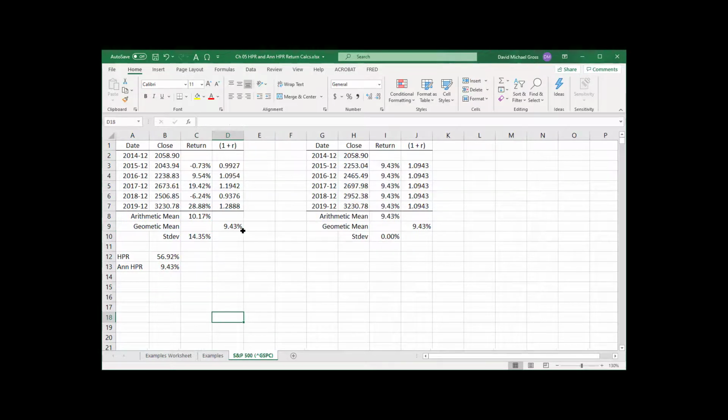And now just looking at some actual data, the S&P 500, I can see that over this year lost 0.73, the next year made 10, the next year made 20, the next year lost 6, the next year made 28.8. On average, in any year, I would have earned 10.17%, but 9.43% is the amount I would have had to have earned in every year to bring me from the 2058.90 to the 32.30 5 years later.